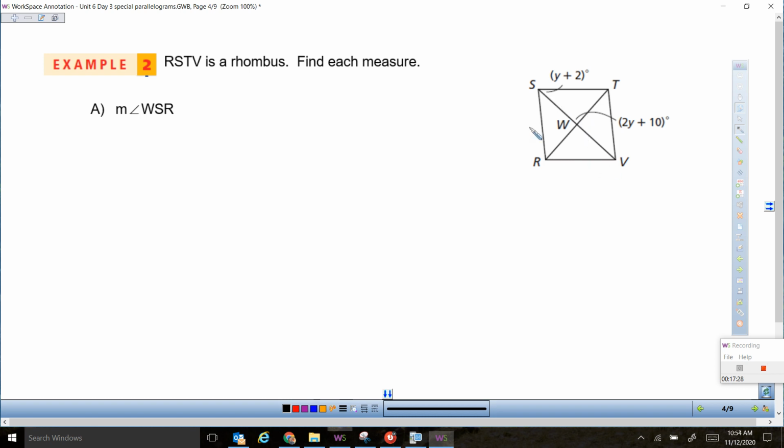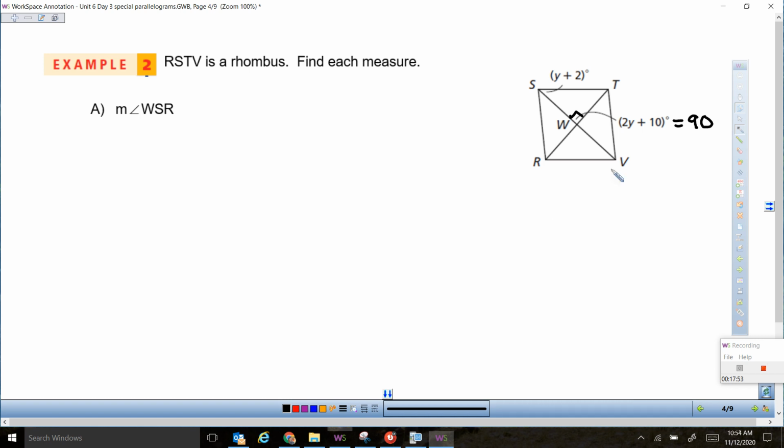So if these two diagonals are perpendicular, then they meet at what type of angle in the center? 90 degrees. So I know this angle should be 90 degrees, so I'm going to set that equal to 90. All four angles in the middle are 90 degrees because the diagonals are perpendicular.